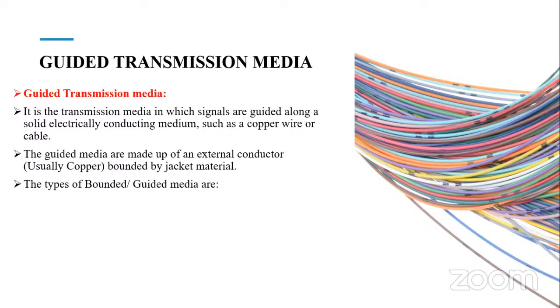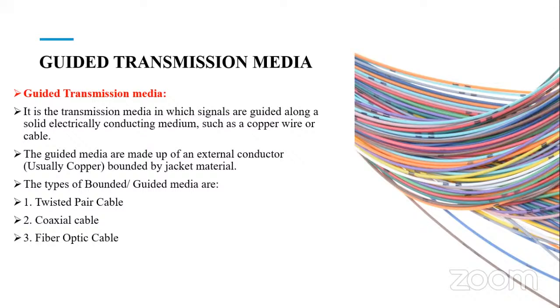Generally, the copper wire that carries the signals will be surrounded by some extra layers, and that extra layer will also be surrounded by some other layer, like jackets, to protect the copper wire which carries the signals. So the types of guided media are three: twisted pair cable, as you see in the picture, coaxial cable, and fiber optic cable.